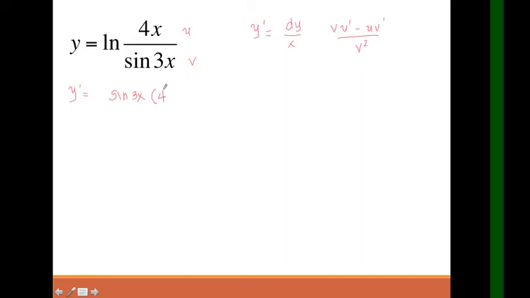So multiply by 4 minus u, which is 4x. Okay, lagyan natin ito ng square bracket. And then cosine, for the derivative of v, we have cosine 3x. And then derivative of 3x is 3. Okay, all over v squared for the sine 3x. v squared is sine squared 3x. Yun lang, ganun lang naman siya.